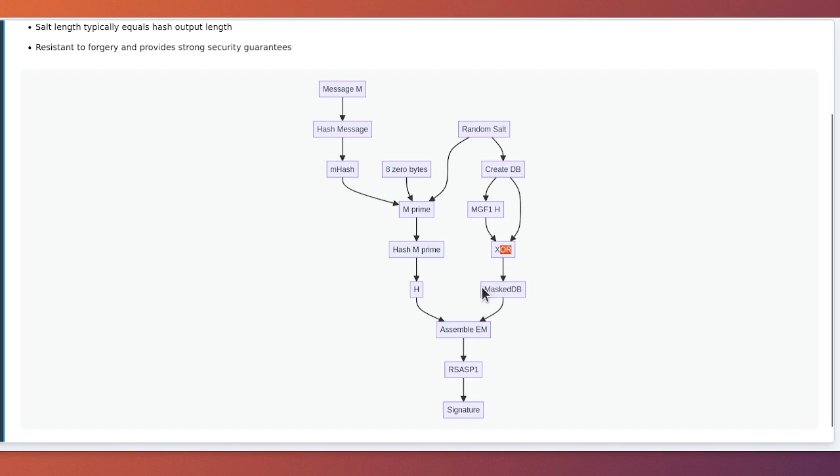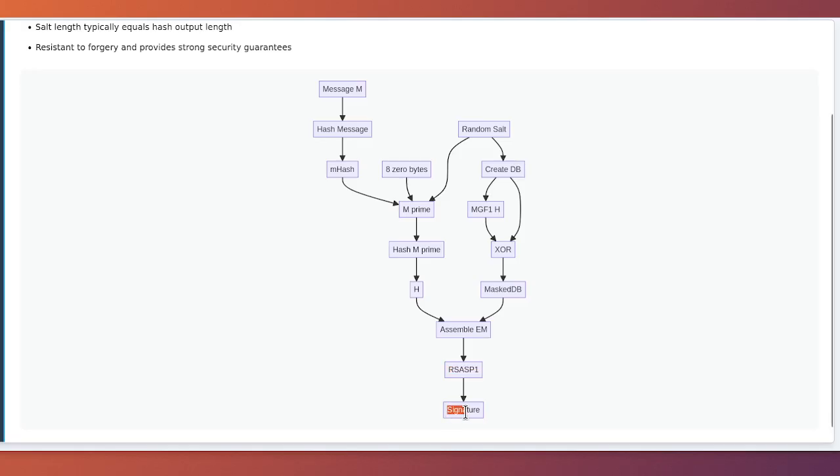For encoded messages that are not a multiple of 8 bits, the leftmost bits of maskedDB are set to 0. Finally, you concatenate maskedDB, H, and a trailer byte 0xBC to form the encoded message EM, which then gets signed using the RSASP1 primitive with the private key.